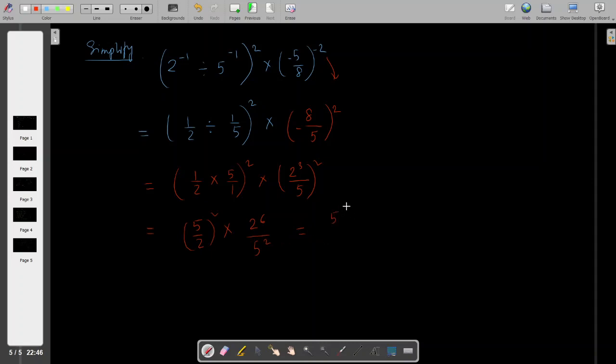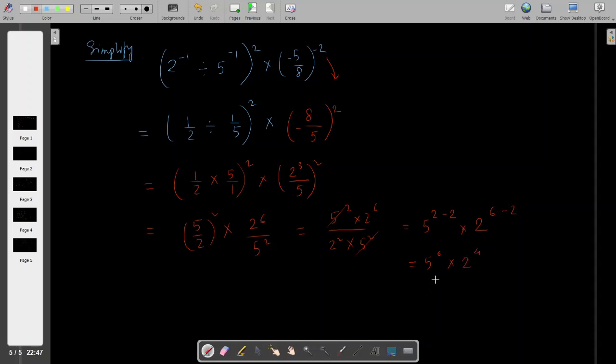So open it, 5 square by 2 square into 5 square into 2 to the power 6. Now here 5 and 5 same base and they are divided. So it will be 5 to the power 2 minus 2 into, here 2 to the power 6 minus 2. So 2 minus 2 will be 0. 5 to the power 0 into 2 to the power 4.